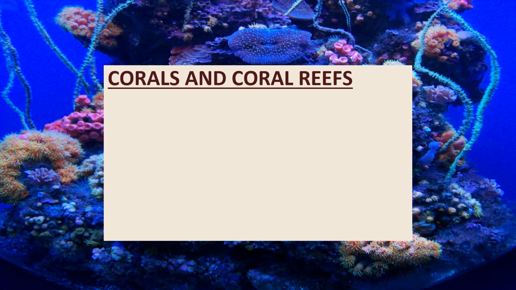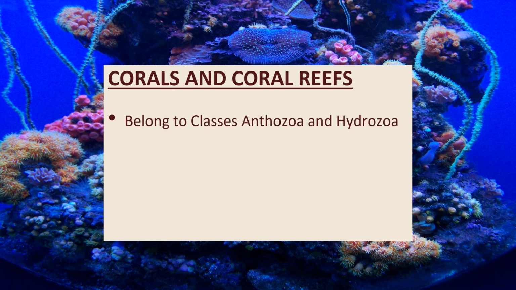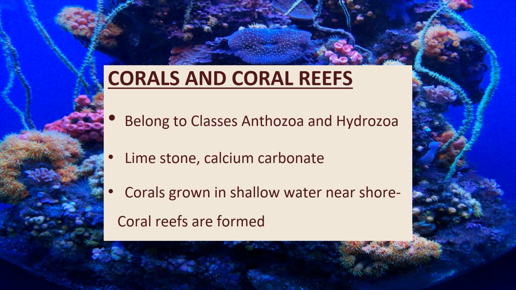Corals and coral reefs. Corals belong to the class Anthozoa and Hydrozoa. They are made up of limestone or calcium carbonate. These corals grow in shallow water near shore, by which coral reefs are formed. The coral reefs have a lot of economic importance for the world.